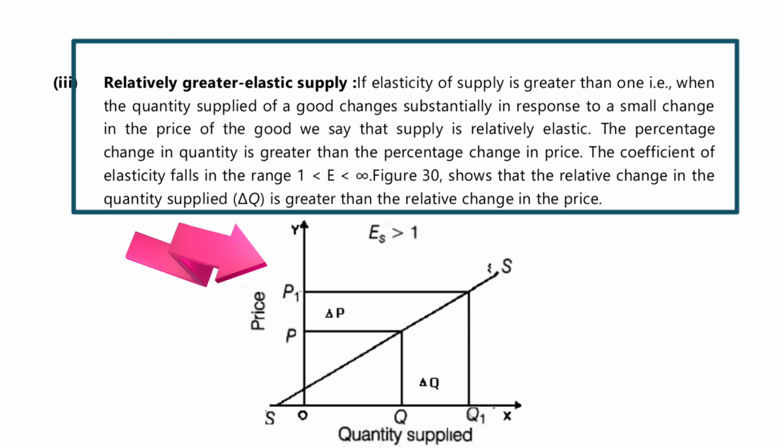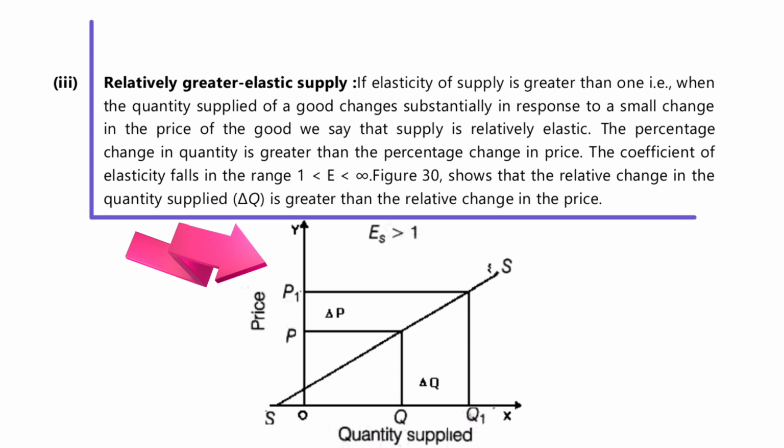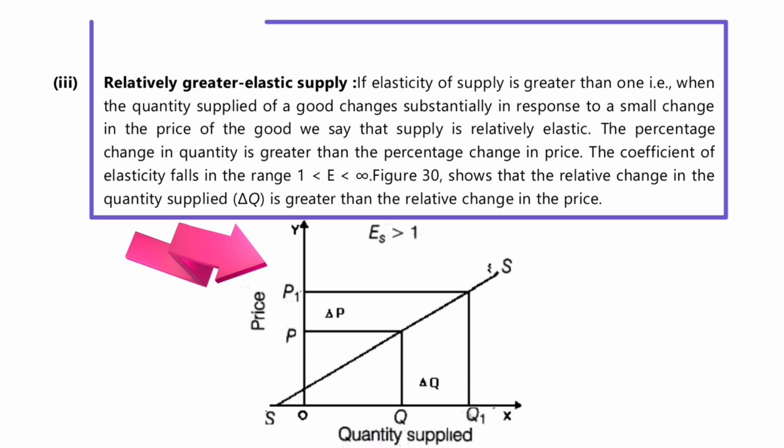Now you can see the percentage change in the price is less than the percentage change in the quantity, or in other words, more units of supply are given when there is a small, minimal change in the price. So here the elasticity falls in a range where elasticity is greater than 1 but less than infinity. This is what is said to be relatively greater elasticity.